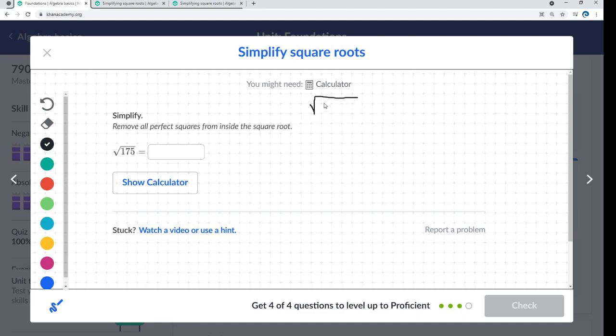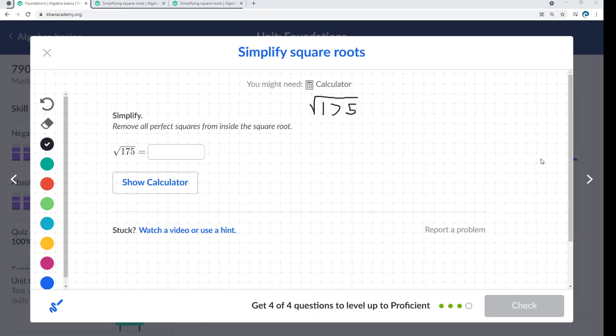Okay. So we have 175. Right. Let's bust out the handy dandy calculator. 175 divided by 2 is not going to work. So we're going to do 175 divided by 3. And that's not going to work. 175, it's going to be 5.